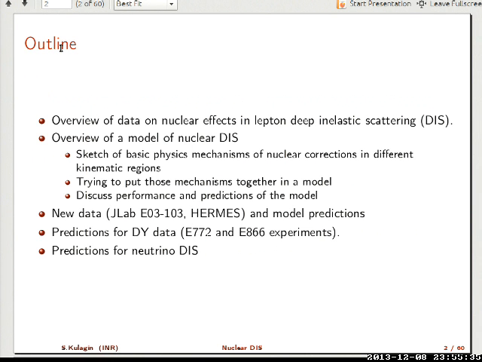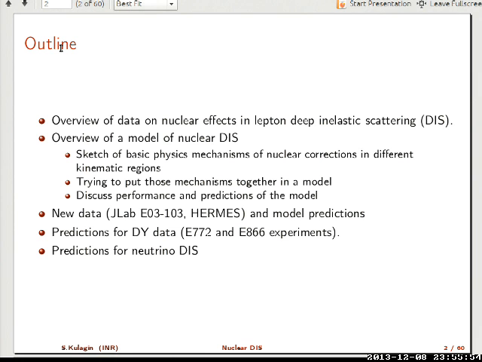So this is the plan of my talk. It probably goes beyond my capability to cover everything, but I'll try at least to cover the electron part of this.